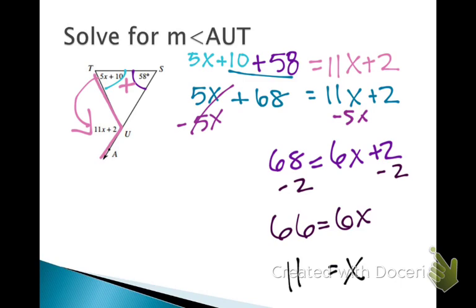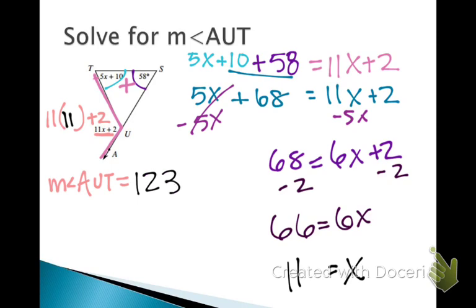Did it ask me what x was? No. It asked for the measure of AUT. So we are going to plug it back in, which is currently 11 times x plus 2. So I'm going to plug in my x. So what's 11 times 11? 121 plus 2 is 123.